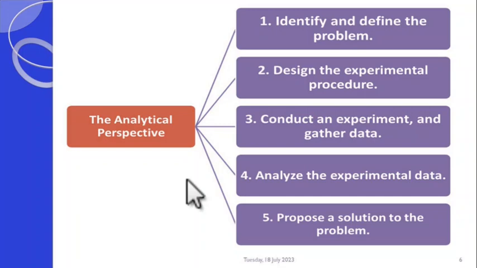Once you have the data at hand, you have to look at the data and let it speak to you. In this way, we are giving meaning to the data. We are analyzing the data. Once the data has been analyzed and meaning has been gotten out of it, we can then propose a solution to the problem that we identified in the first instance.